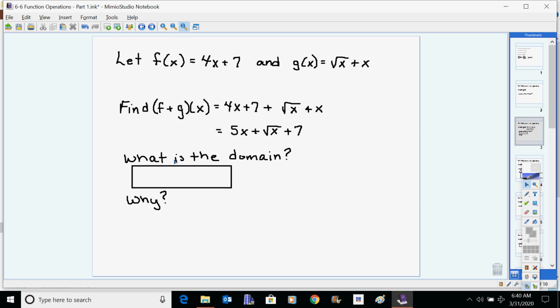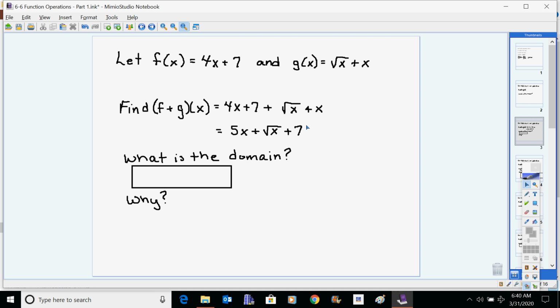So we look at this question. This is our important new question: what is the domain? Remember, the domain values are anything that x is allowed to be. So when we look at this combined addition function, what we find is we've got a square root of x in it. Now we're looking for the domain being the values that x is allowed to be in the real number system. We're not dealing with the imaginary numbers at all here.